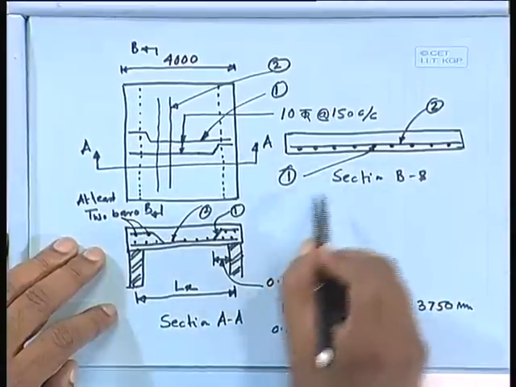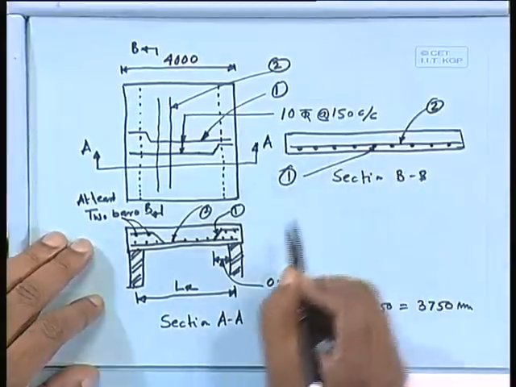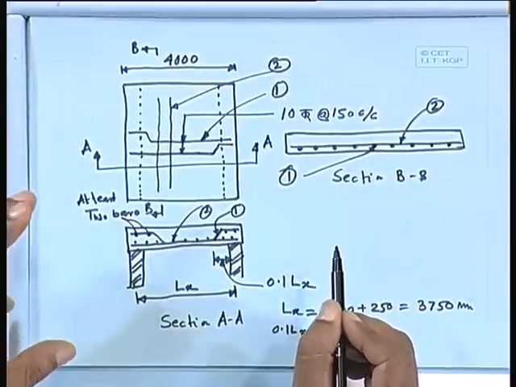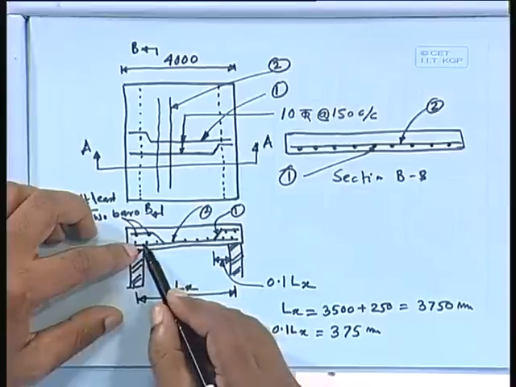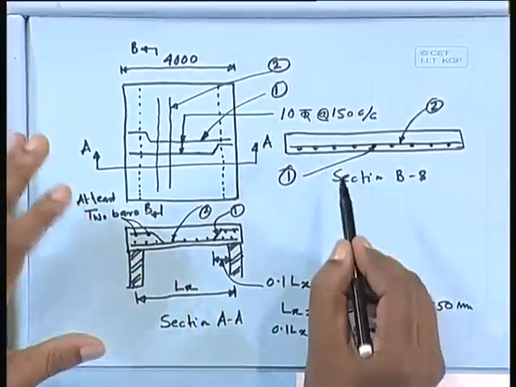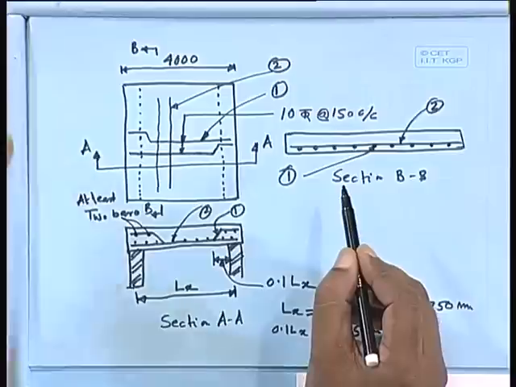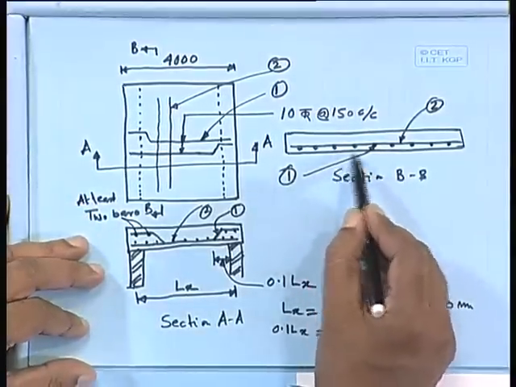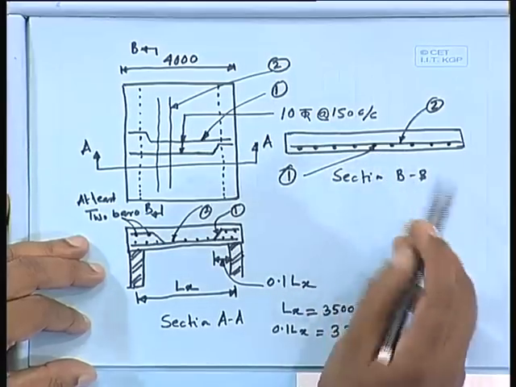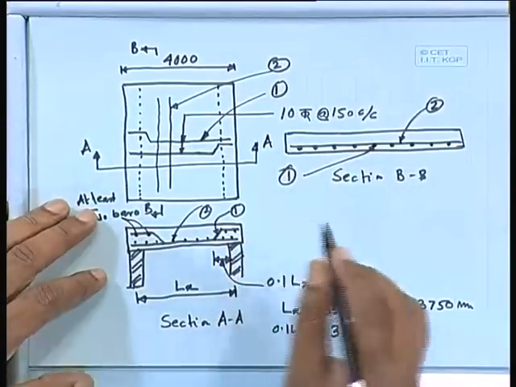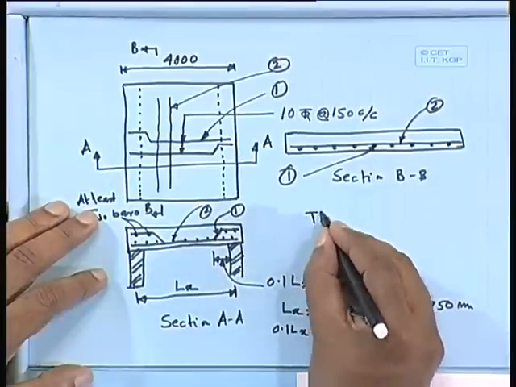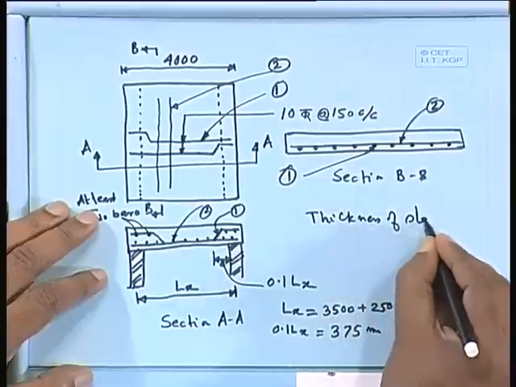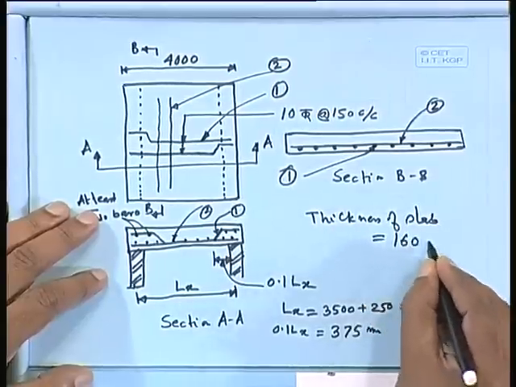You can see the main reinforcement will always have the maximum effective depth. This is your main reinforcement, so that should have maximum effective depth. That is why it is always below the distribution steel. So you have to provide the reinforcement, and also the thickness of the slab, that is here 160 millimeter.